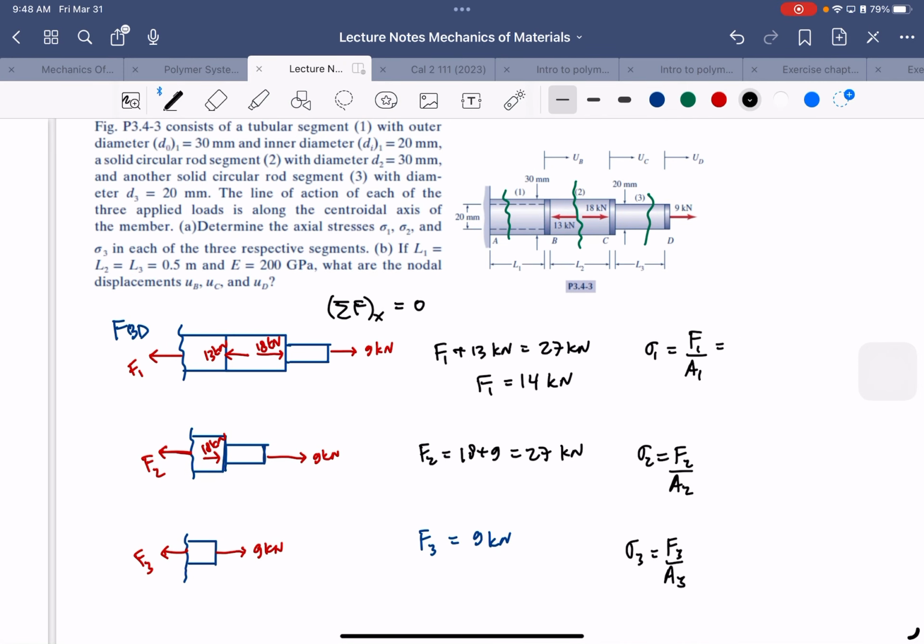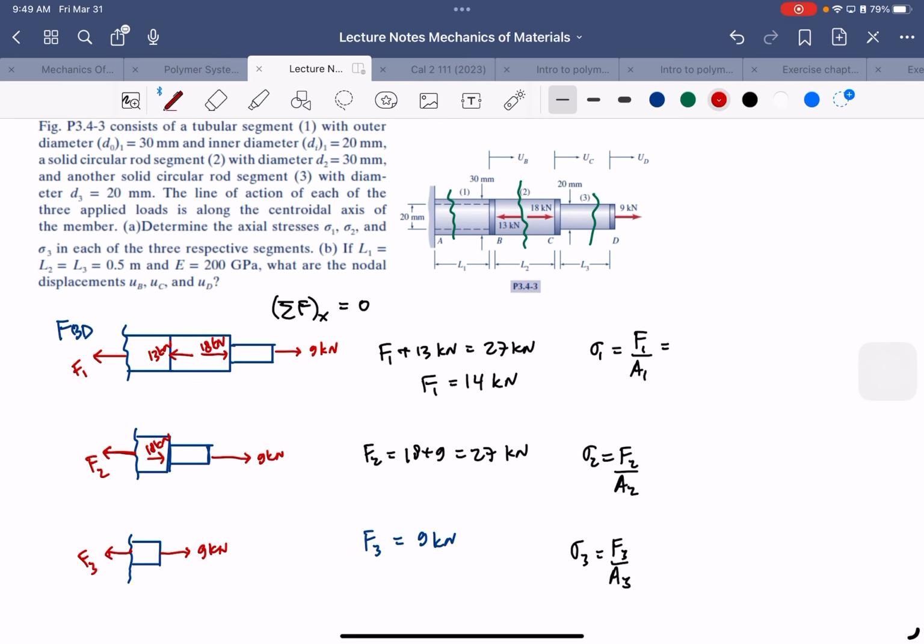D1 is 30, oh, this one 30 millimeter and 20 millimeter. And radius means 15. Okay, so I think we can take 14 kilonewton. This is pi.